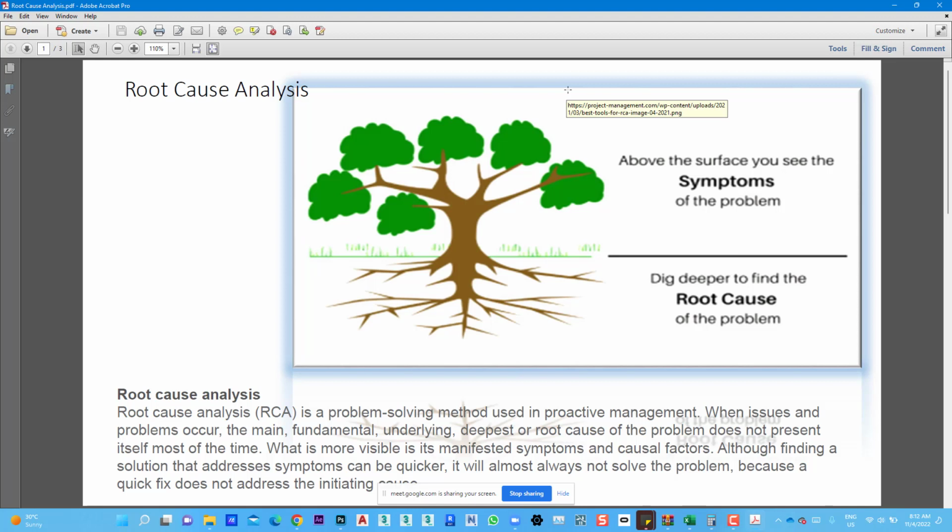This is the root cause analysis. Actually, root cause analysis is one of the problem solving methods. And as per the PMP and as per project management, this is one of the important topics or key areas that we need to be keen on while doing our projects.